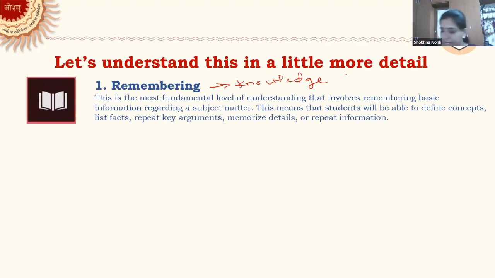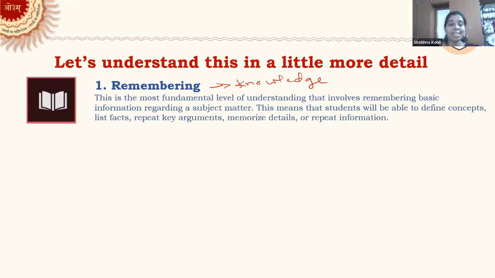Our subject is math, so the child will learn the formulas and the concepts we teach in the classroom, the basic information about the topic. This means the students will be able to define concepts, list facts, repeat key arguments, memorize details, or repeat information. So this is the first level of our learning skill.